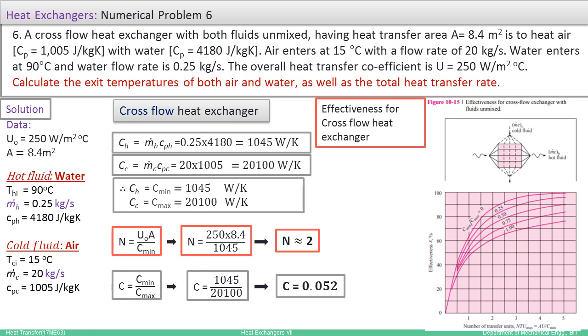And in this case we don't have an exact curve for C equal to 0.052. So what we have to do is imagine a curve there or draw a pencil curve there, and first we have to identify the number of transfer units on the x coordinate.